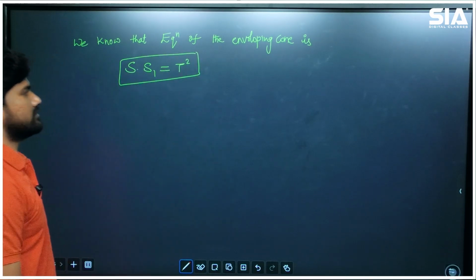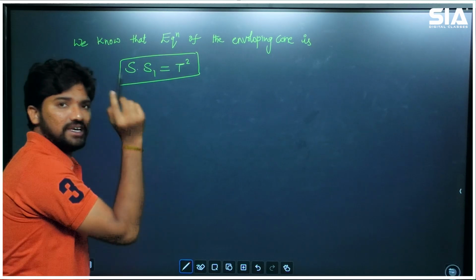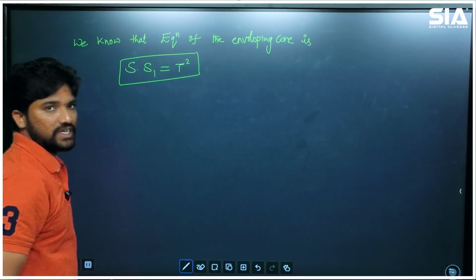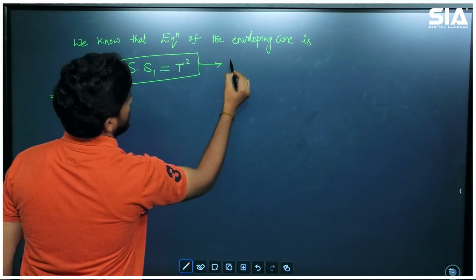You know very well capital S is the given sphere only. Now we have to find the values of S suffix 1 and capital T. Take this as equation number 2.